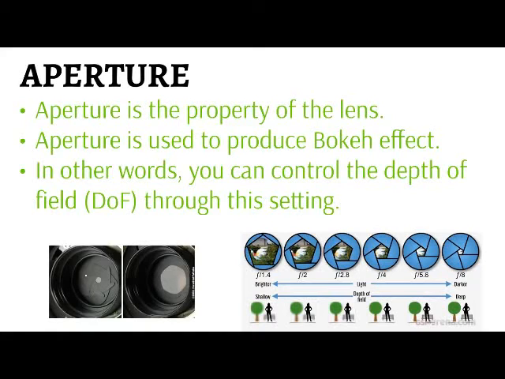From the work I generally do, maybe the picture on the left is f11 or f13 or somewhere there, and the picture on the right might be f2 or something like that. So what will happen if we set something to f11 or f2? Have you heard about the bokeh effect?